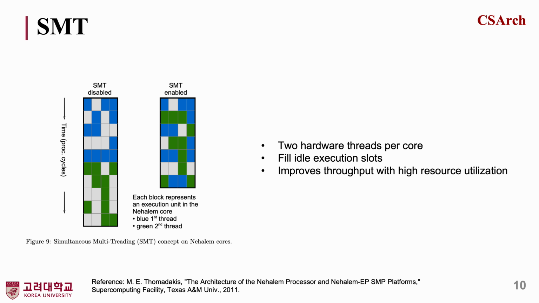This leads to much better utilization of the execution units and higher overall throughput. In other words, SMT helps Nehalem cores do more useful work every cycle without adding extra physical cores.